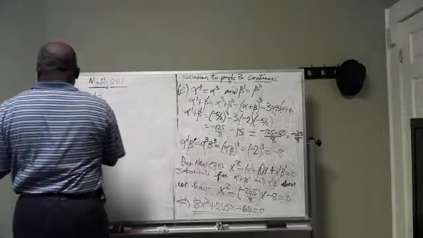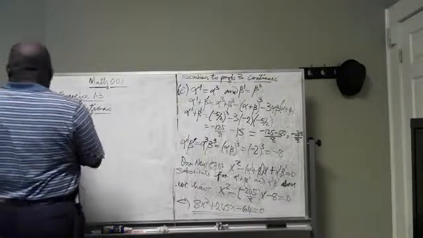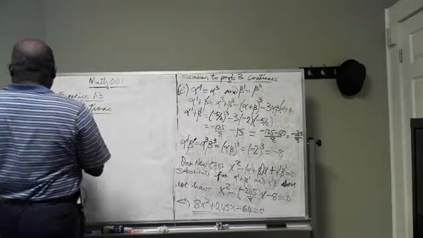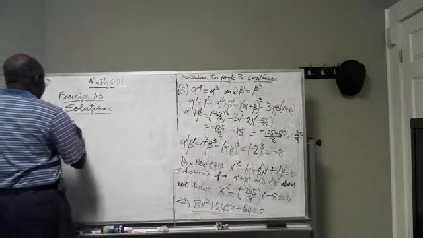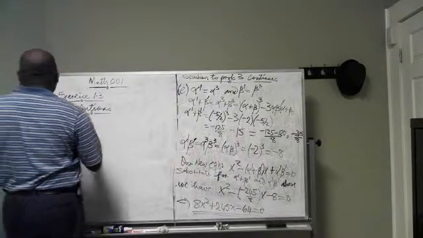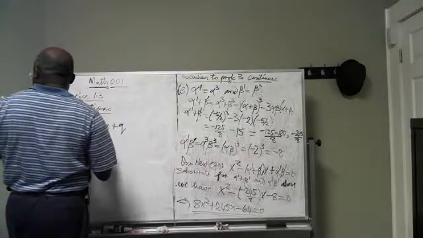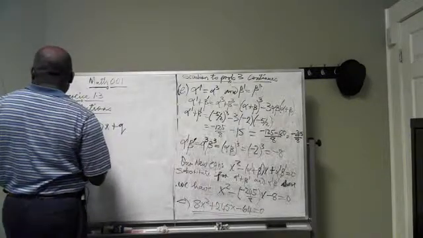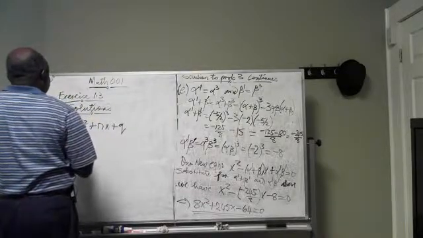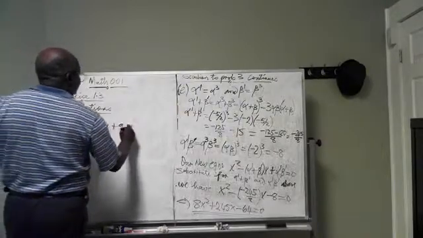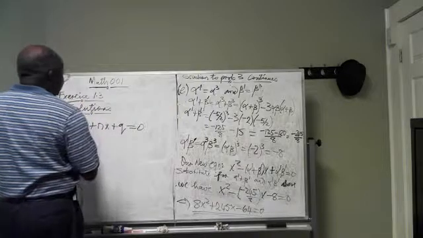Solution to problem 4. The problem reads, if one root of the equation mx squared plus nx plus q equals 0 is twice the other root, show that 2n squared is equal to 9m cubed.